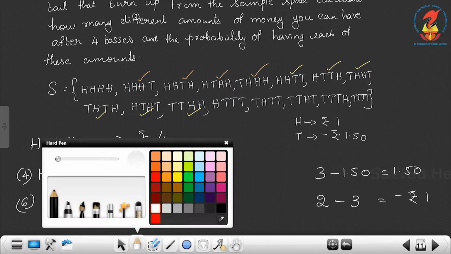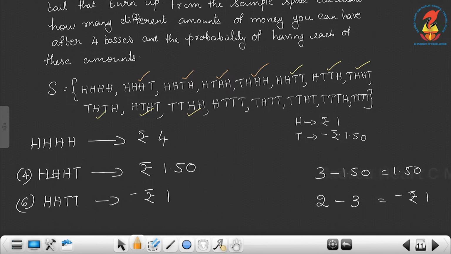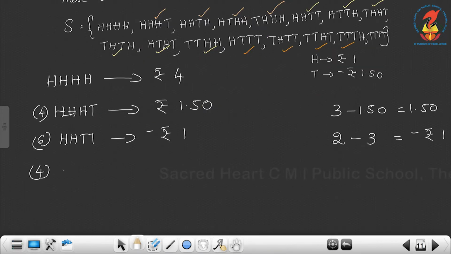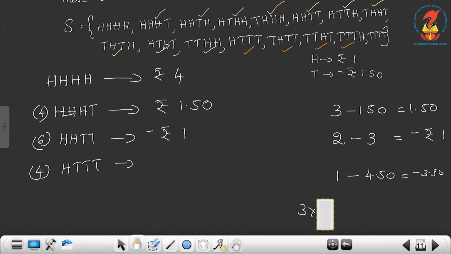Now which case? Triple T and 1H. Okay, triple T, 1H. That is 4 cases. H and triple T. So for H, 1 rupee, and minus 3T. So 3 into 1.50, that is 4.50. So the rupees is 1 minus 4.50, that is minus 3.50.